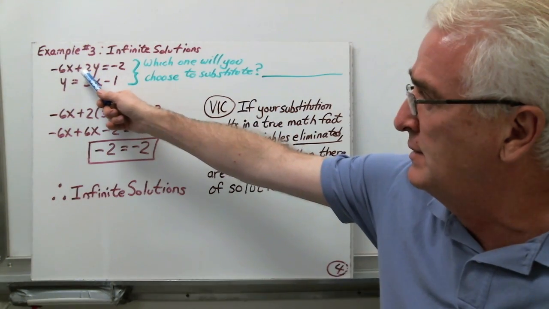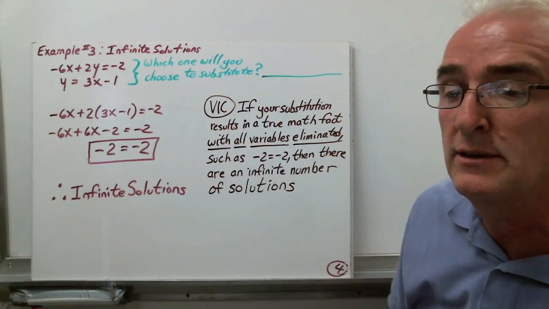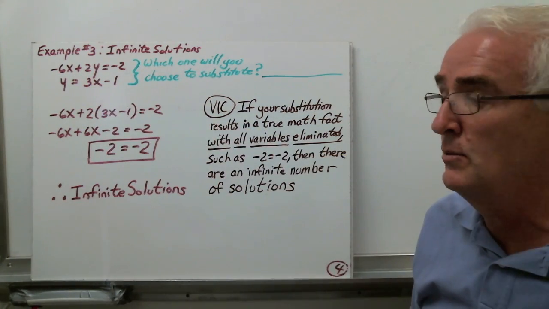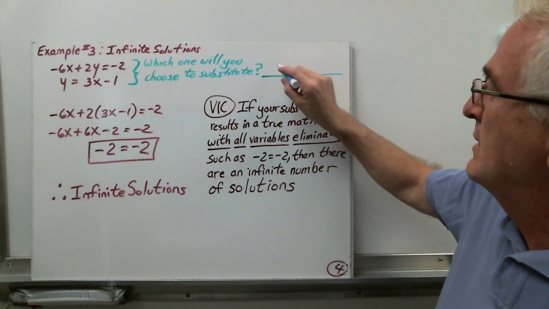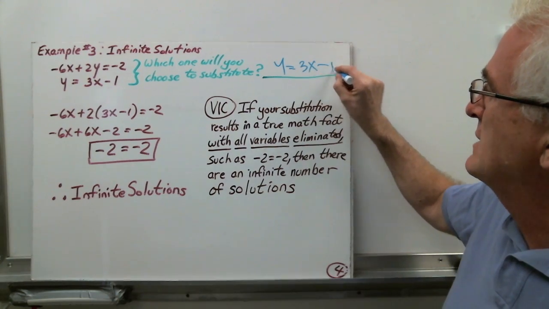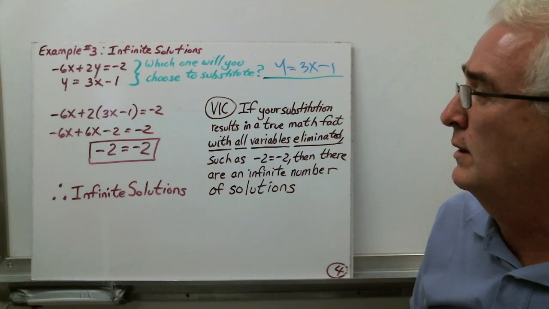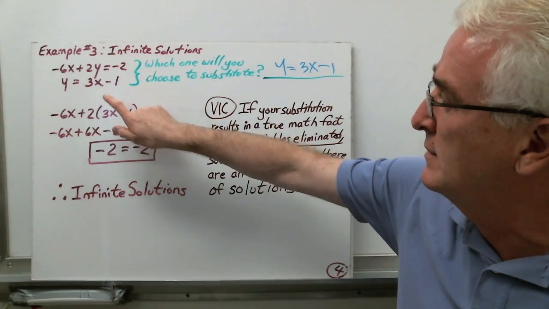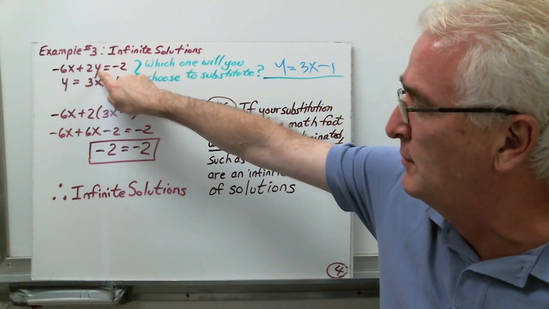Would you substitute the first one into the second one, or the second one back into the first one? Which would be easier to work with? I trust that you would agree with me that substituting y equals 3x minus 1 into our first equation would be the easier one to work through. So let's substitute this value of y in for the y in the first equation.